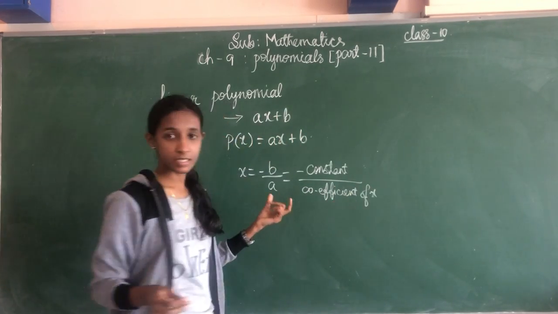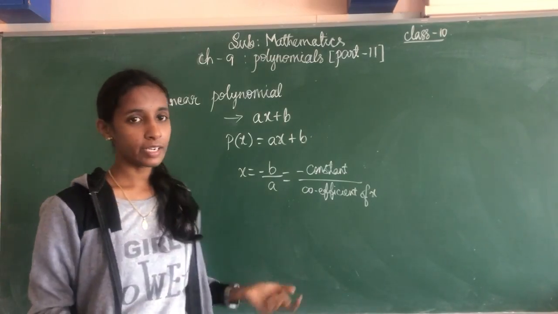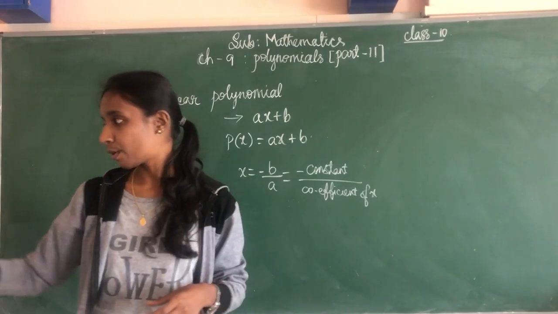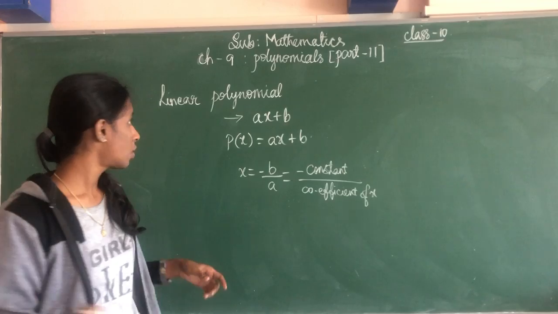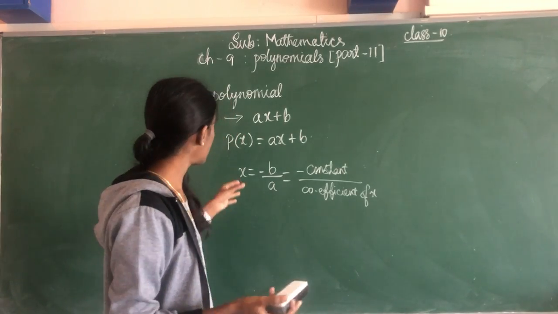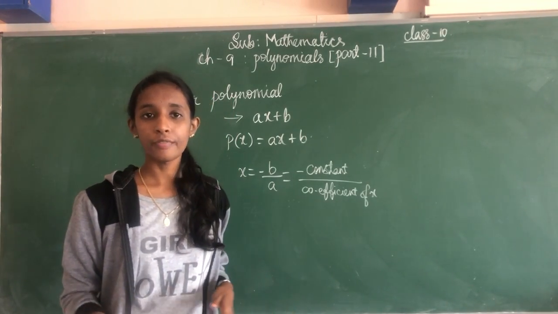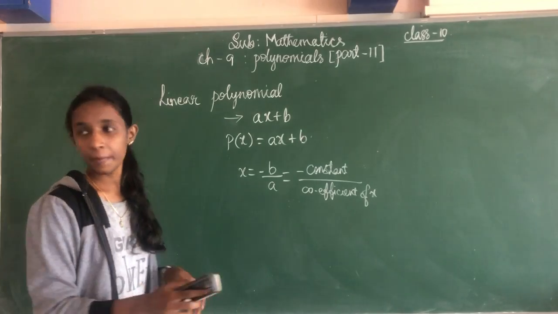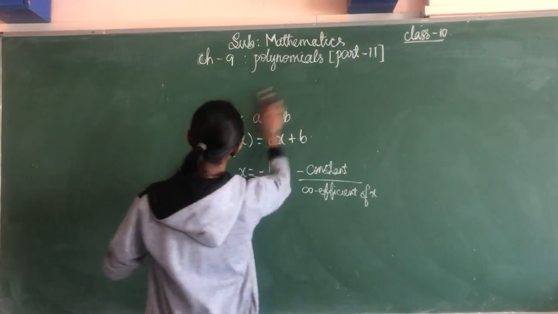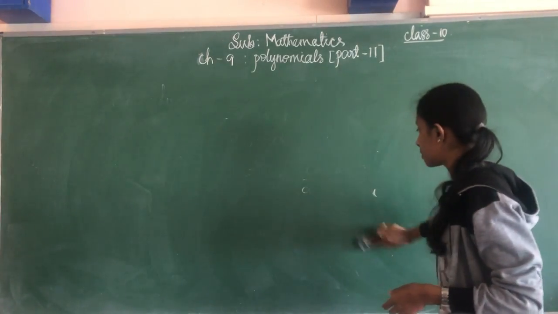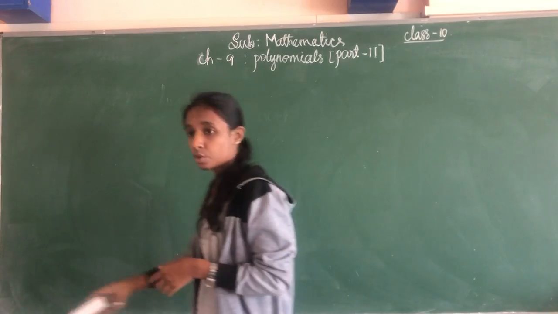So this is the formula to calculate the zero of a linear polynomial. And in this class, you are going to study the formula to calculate the zero of a quadratic polynomial. Quadratic polynomial means the highest power will be 2.